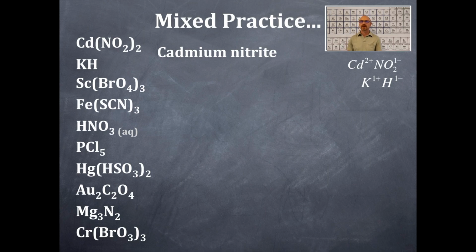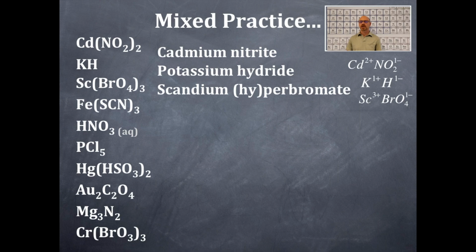So potassium hydride. Next one is scandium, that's Sc, and you can see the 3+ charge outside the parentheses on the BrO4, 1 minus. So it's scandium hyperbromate, or just scandium perbromate. One or the other, it really doesn't matter.